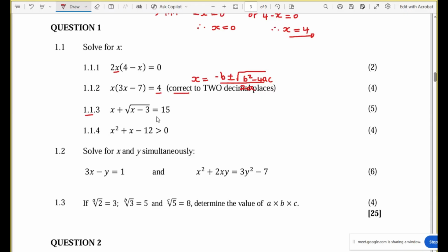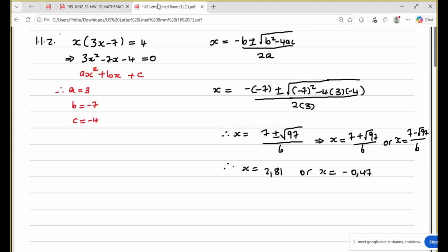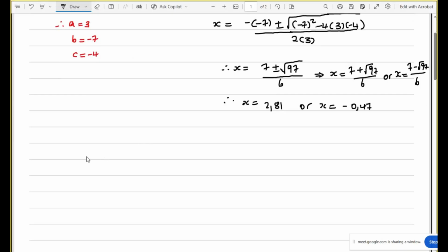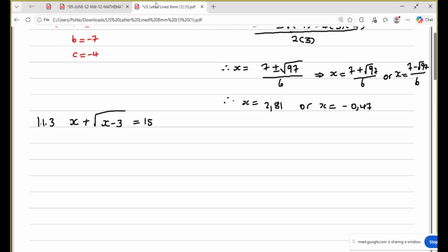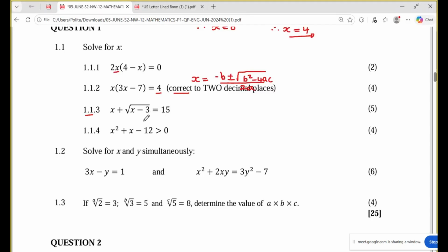So this is 1.1.3: x plus the root of x minus 3 is equal to 15. This is what is given, and we need to work on that first.